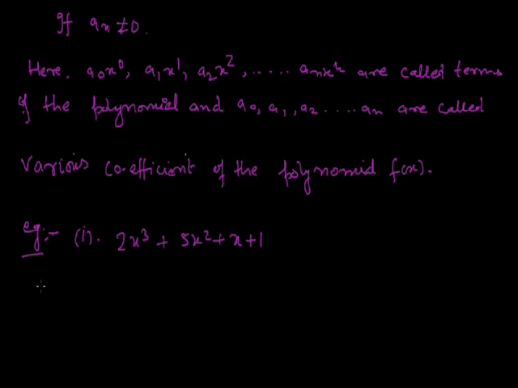Here we see that in the given polynomial 2x cube plus 5x square plus x plus 1, the highest degree of x is 3. So we can say that the given polynomial is of degree 3.